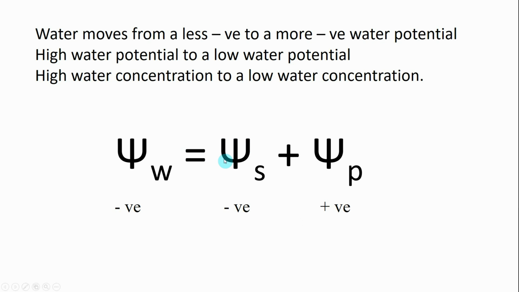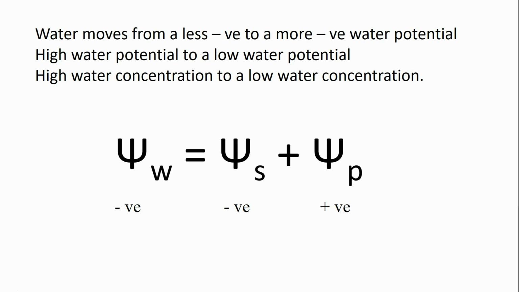An increase in solutes will increase the water potential. And this is why I get confused, because you would think that if it's increasing the water potential, it's increasing the water potential. It's not. It's going to make the water potential more negative. And that's how I'm going to refer to it throughout this module.